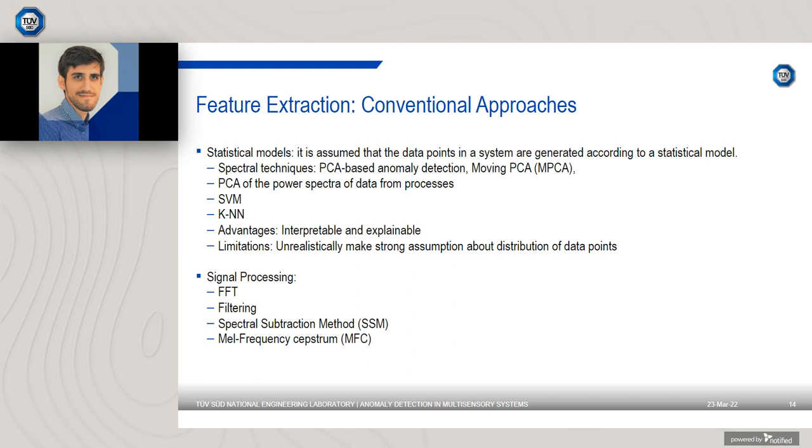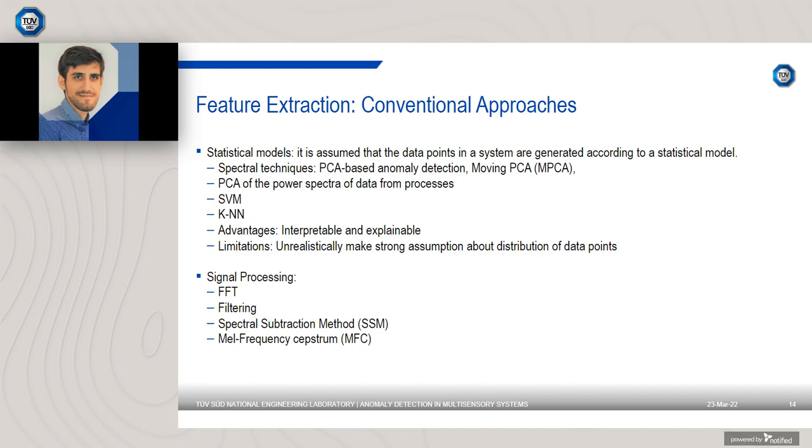So conventional statistical modeling assumes that the data points in a system are generated according to a statistical model. We talked about PCA and its importance and popularity in anomaly detection. PCA is all about compressing data while preserving as much information in the data variation as possible.